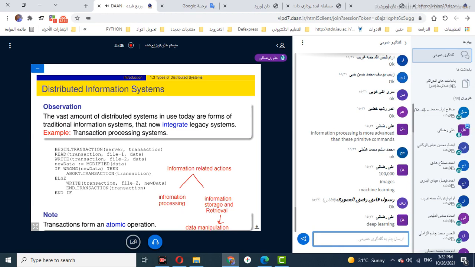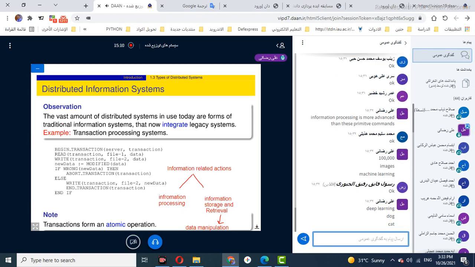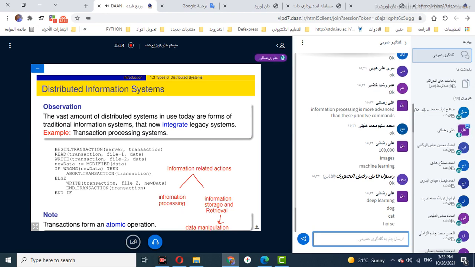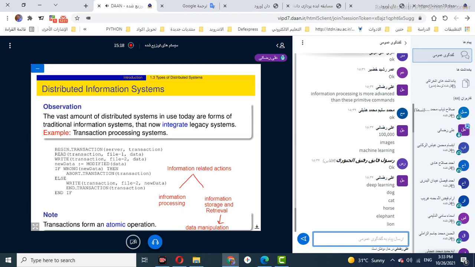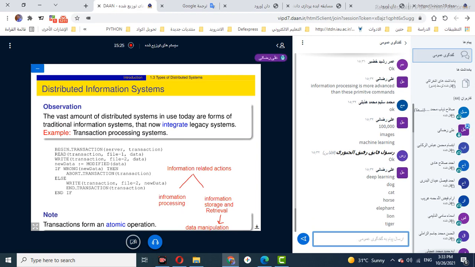For example, you want to classify different kinds of animals: dog, cat, horse, elephant, lion, tiger.